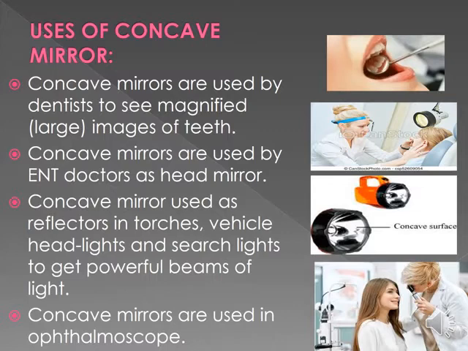And so concave mirrors are also used in the torches, vehicle headlights and searchlight so as to get a powerful parallel beam of light. Number 4, concave mirrors are used in ophthalmoscope by the eye specialists. So eye specialists, they use an instrument called ophthalmoscope, and in this device concave mirrors are used.